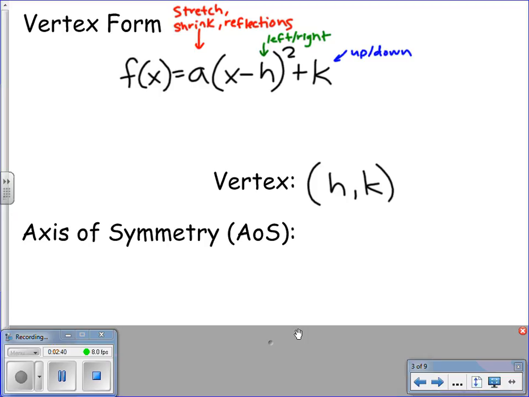Now, h is a little bit tricky. Remember that because in the vertex form it says minus h, when you put positive numbers in, they look like negative numbers. Or if I put a negative number in for h, then it becomes minus a negative, so it looks like plus. So always note that h looks like the opposite.